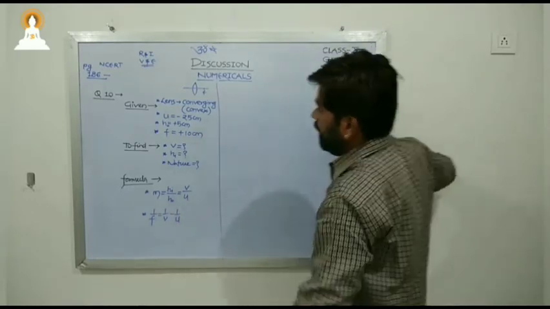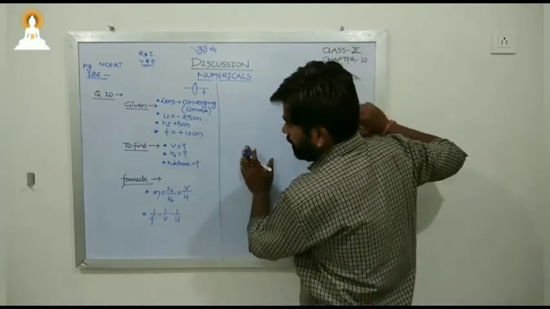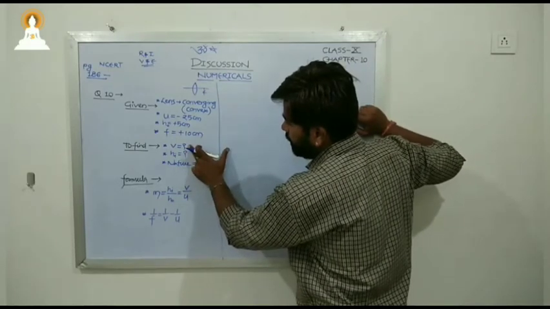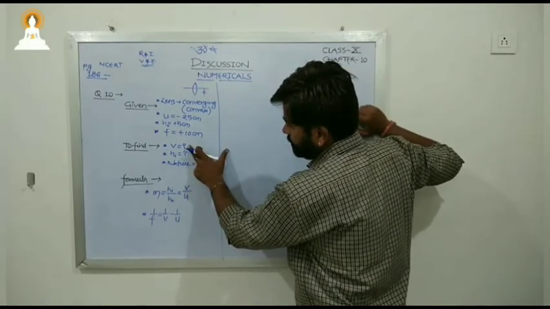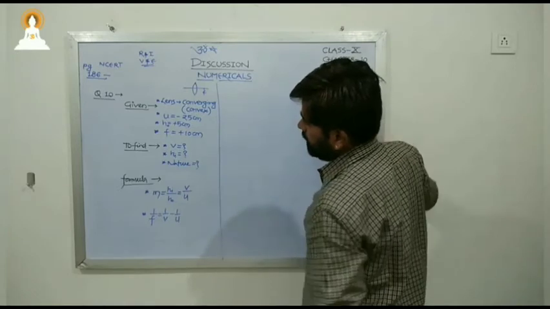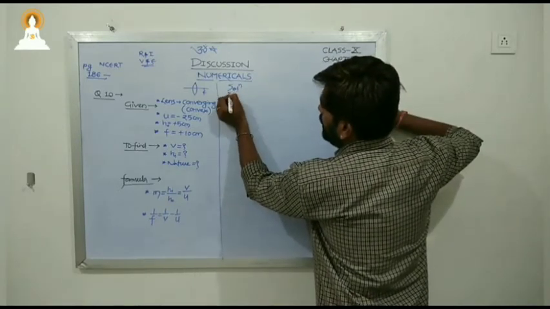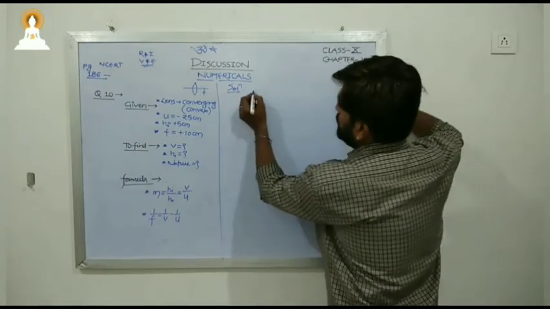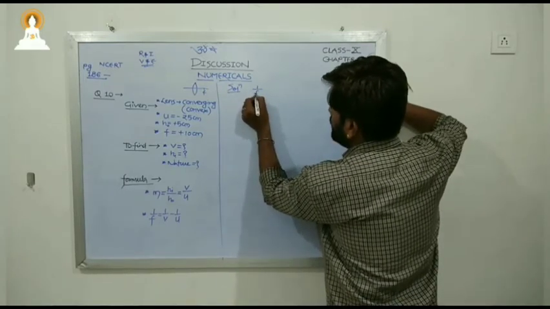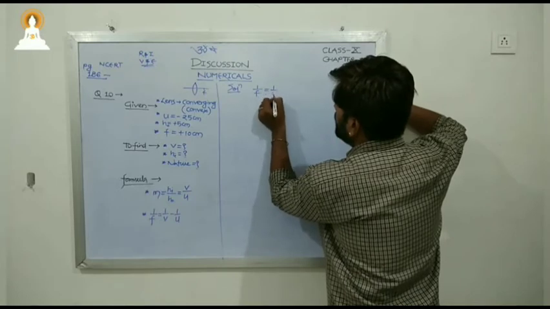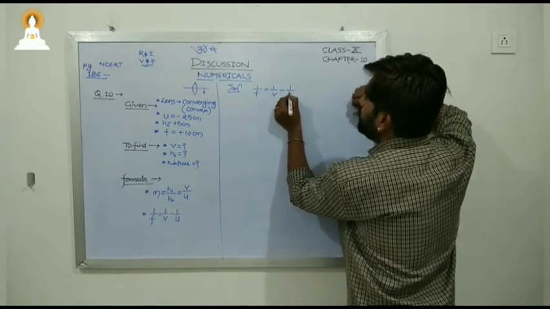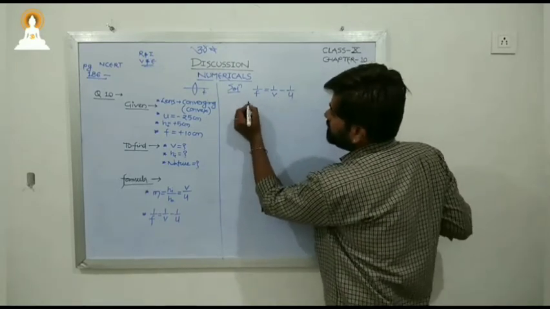So first of all, we have to find the position of image. Okay, so the basic formula, solution: 1 upon f is equal to 1 upon v minus 1 upon u. 1 upon f is given.